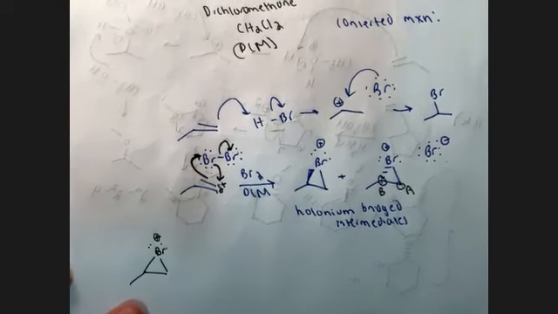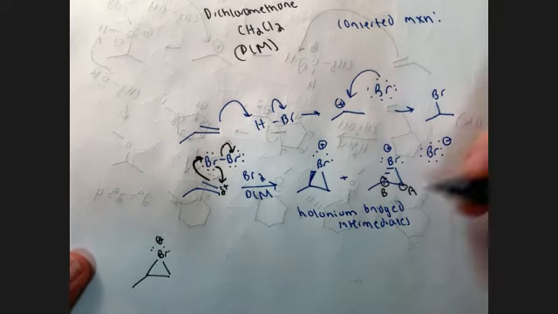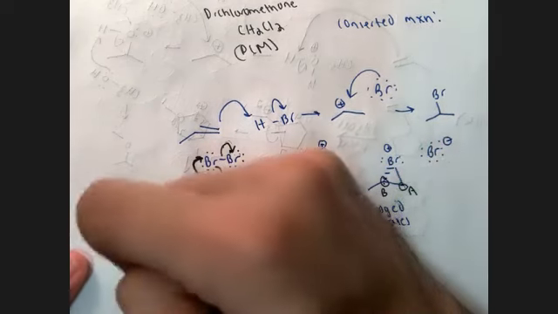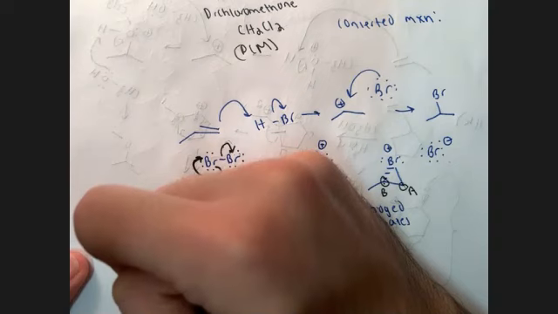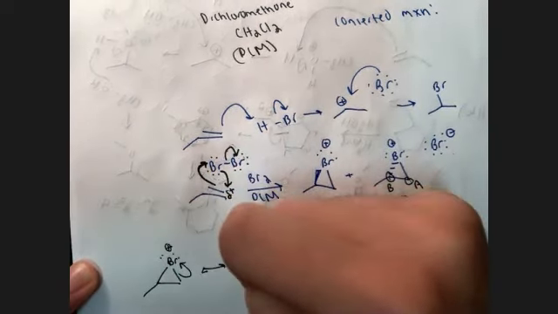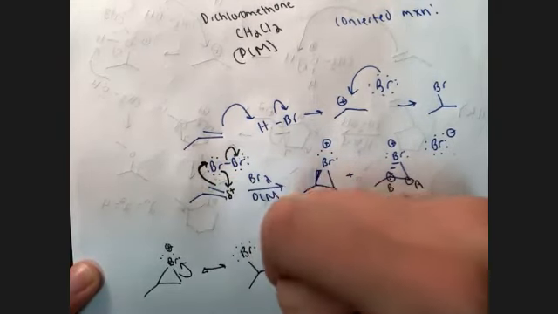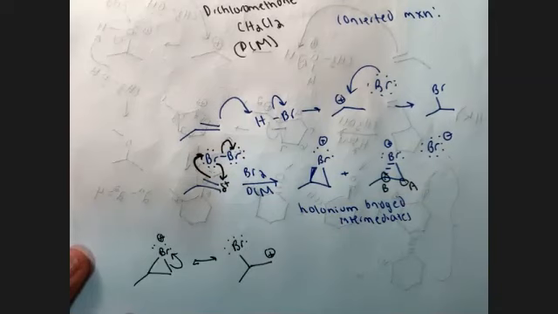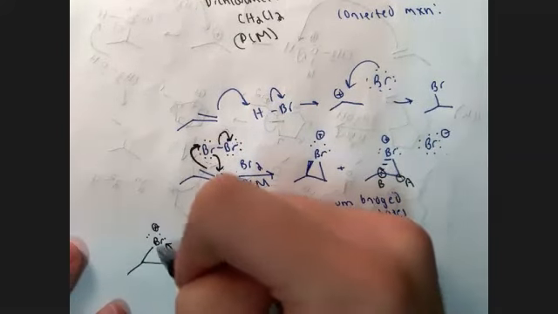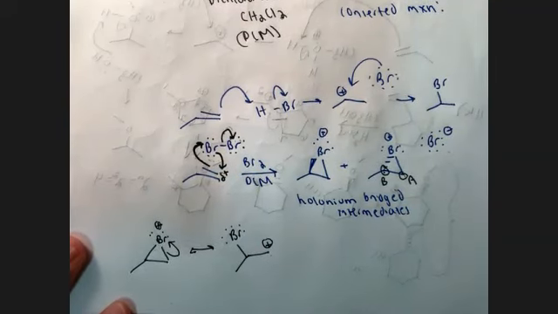So what I want to do is draw a whole bunch of resonance structures, to potentially rationalize why I got addition at the B position. So if I were to break this bond, and let's just say I gave the electrons all to the bromine, the resonance structure would be something that looks like, okay? Do you guys all see that? So all that happened was I broke this bond and I gave the electrons to bromine, and then that made it a positive charge there.